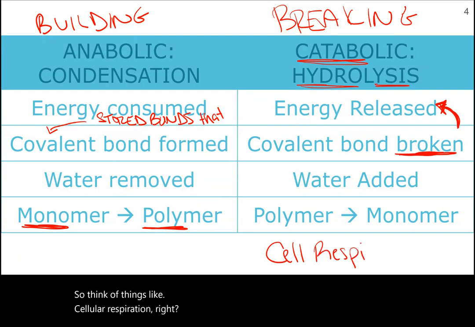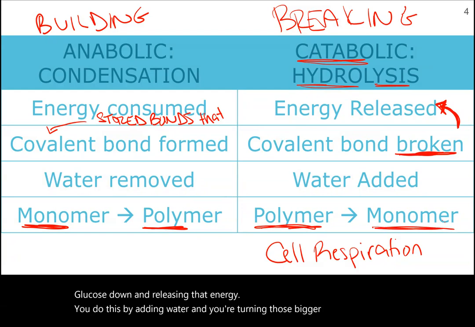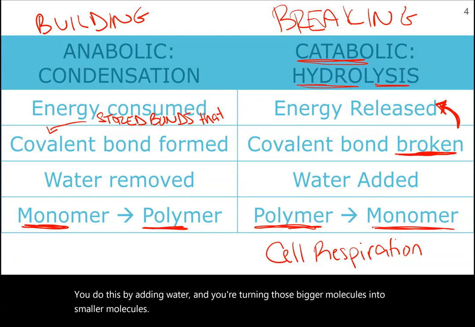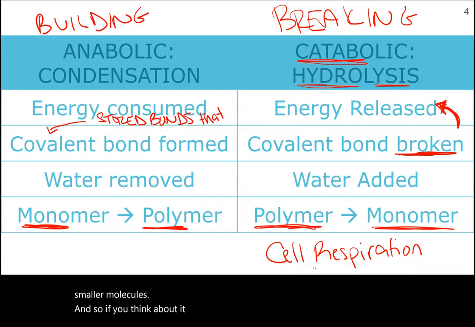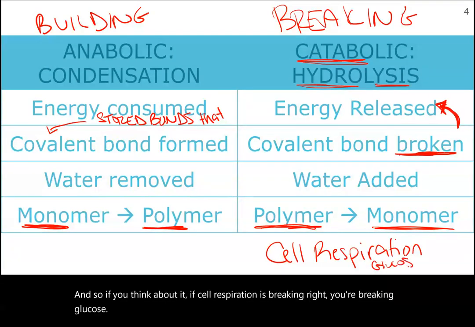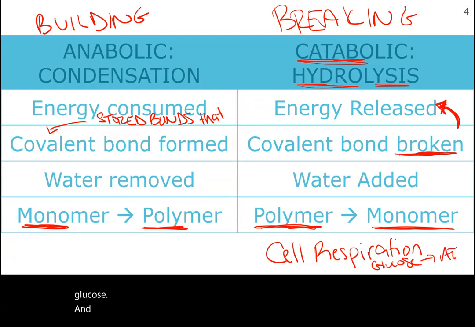You're breaking glucose down and you're releasing that energy. You do this by adding water, and you're turning those bigger molecules into smaller molecules. And so if cell respiration is breaking glucose and creating ATP, well, yeah. Photosynthesis is the opposite, right?